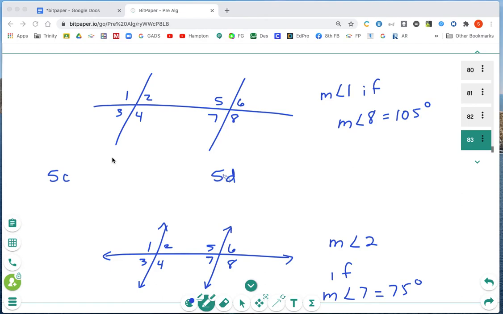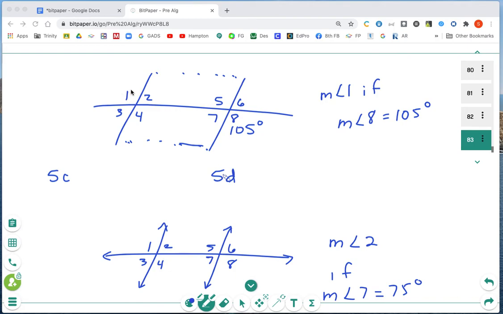All right, the next one, we're finding angle 1 if angle 8 is 105 degrees. So you'll notice that if I draw in my dotted lines between the two parallel lines, I have interior and exterior angles. 2, 4, 5, 7 are interior angles. 1, 3, 6, 8 are exterior angles.